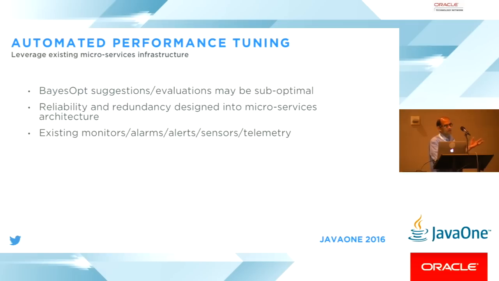There's extensive telemetry which you can tap into so that you can have complicated performance metrics and performance functions. As you refine your performance metric, you can tap into lots of existing telemetry and make your optimization process much more effective and much more efficient.